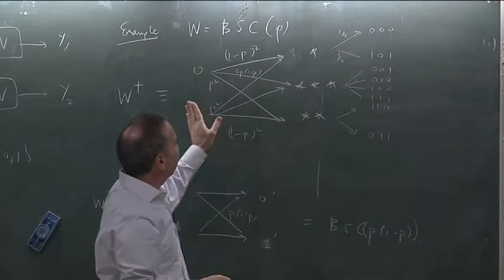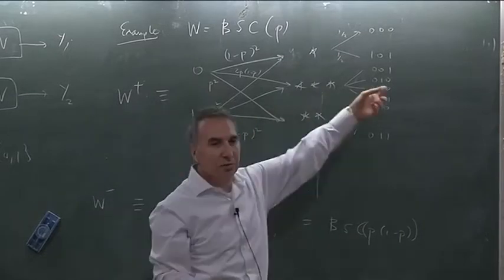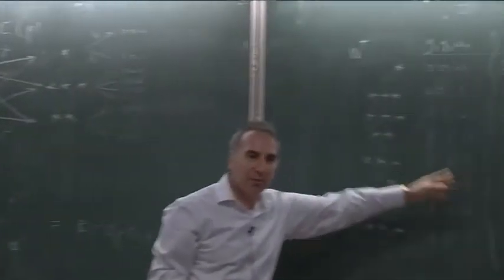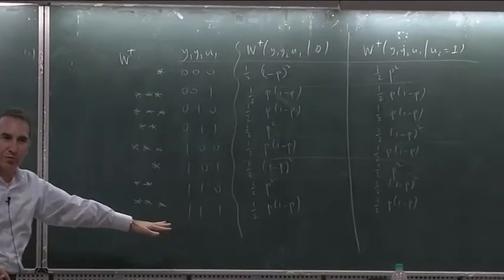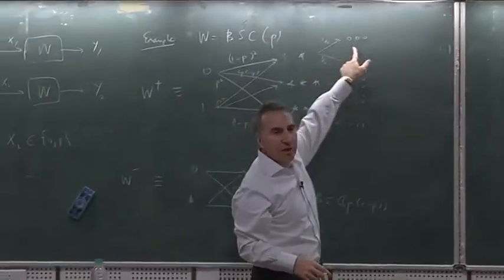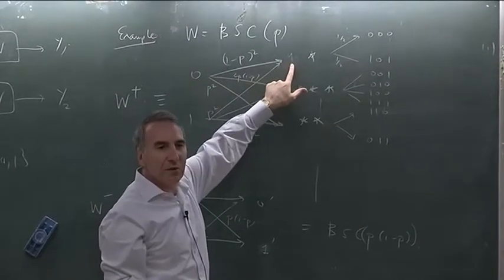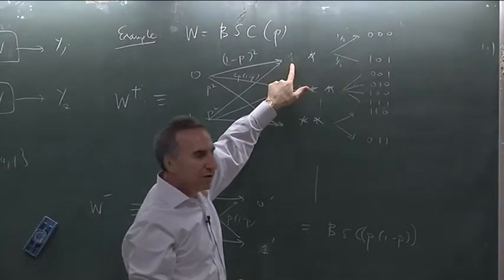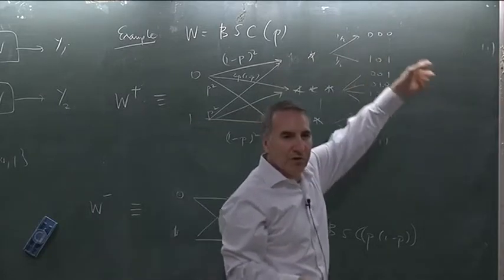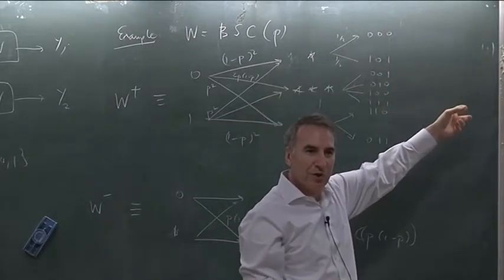Now, if you take a look at the transition probabilities from here to here, you will find exactly this table that we have here. So what is the chance of getting an all 0? Well, to get all zeros, I need to first get the star with probability 1 minus p squared, and then with probability half, I generate this all 0 sequence.